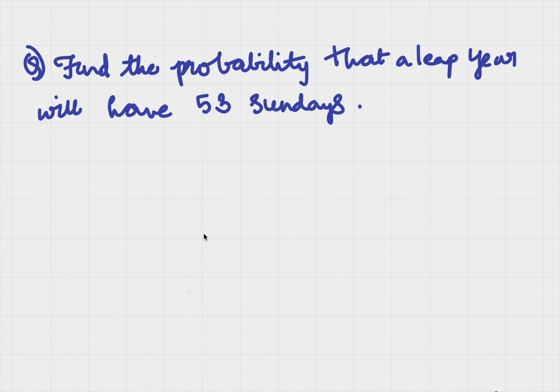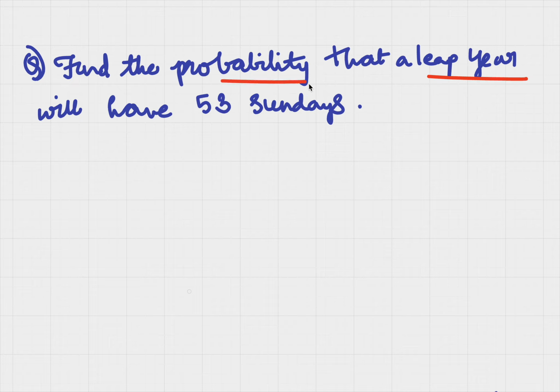Find the probability that a leap year will have 53 Sundays. These leap year questions, most people usually find a little difficult. I'll try to gather as many questions as I can from the topic of leap year and probability.